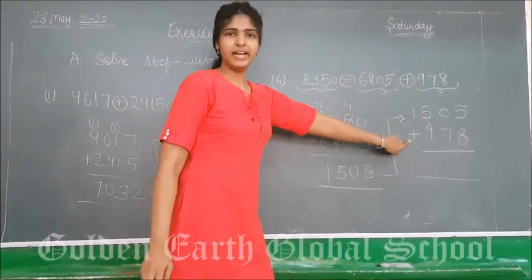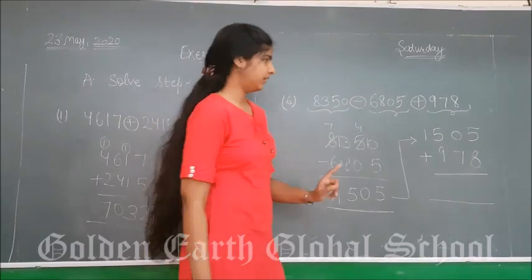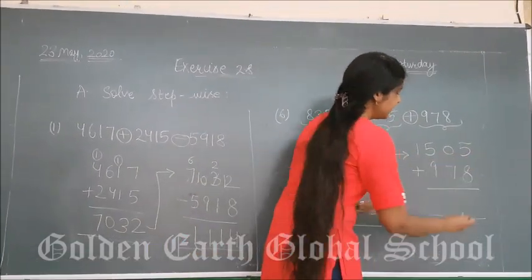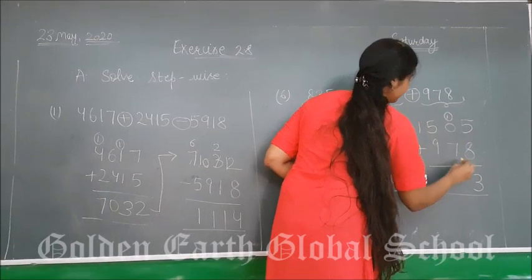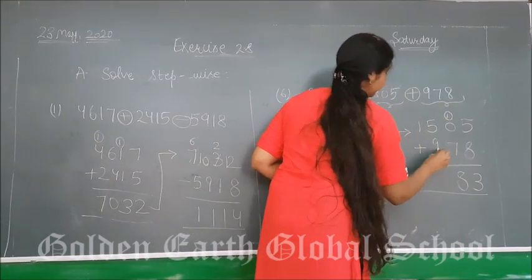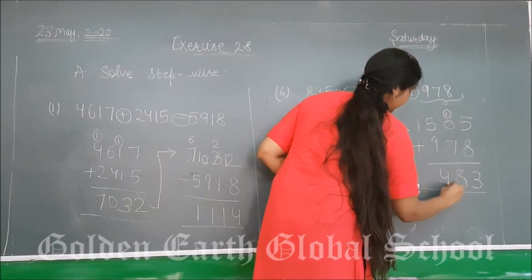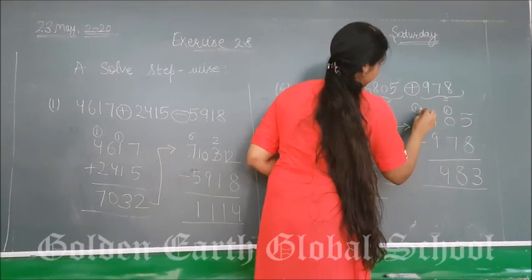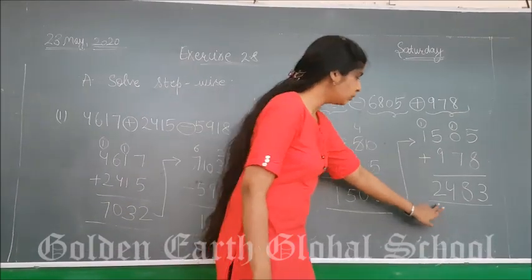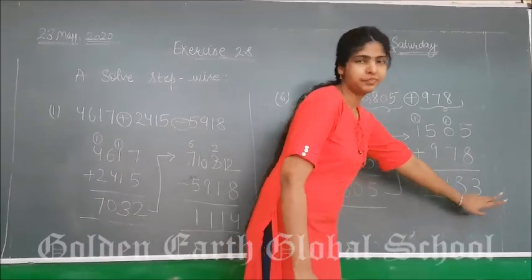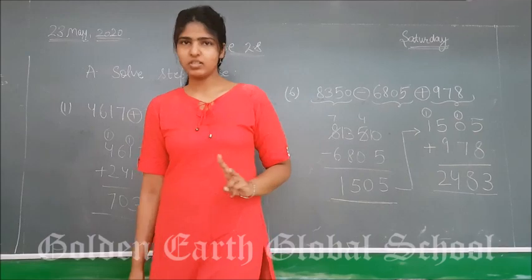So that is why I used addition here, right? 5 plus 8 is 13. 1 carry. 1 plus 7 is 8. 9 plus 5 is 14. 1 carry. 1 plus 1 is 2. So our final answer is 2483.